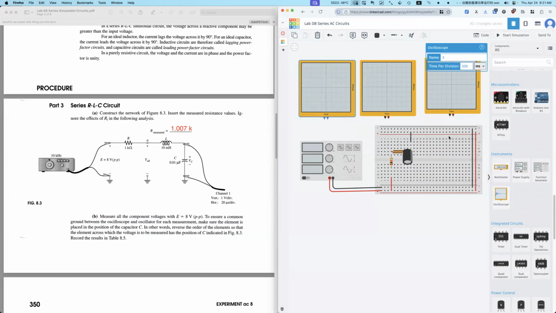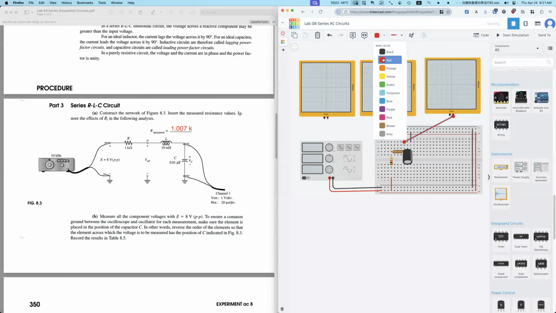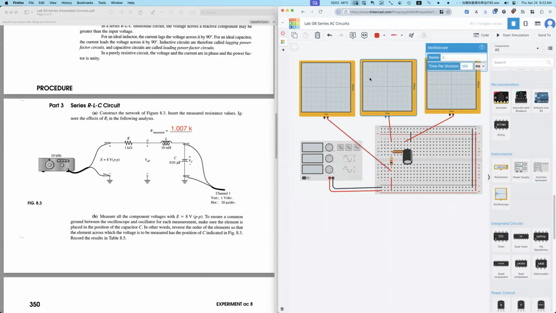The first one measures the capacitor. So positive, let me change it to red. This positive is for the inductor, and this positive goes to the resistor. Then change it to black.